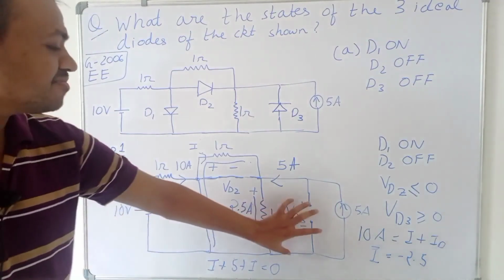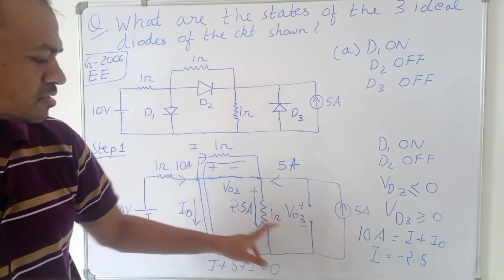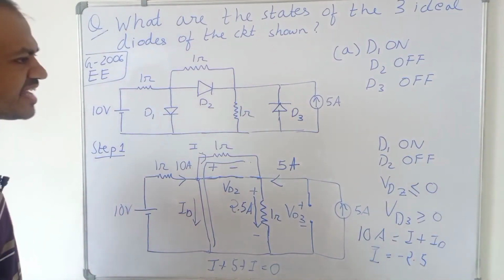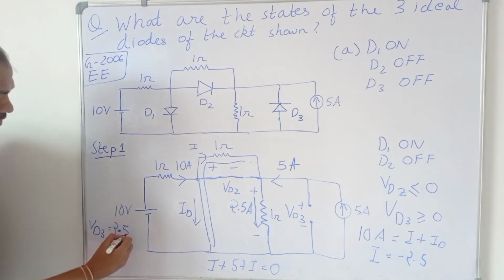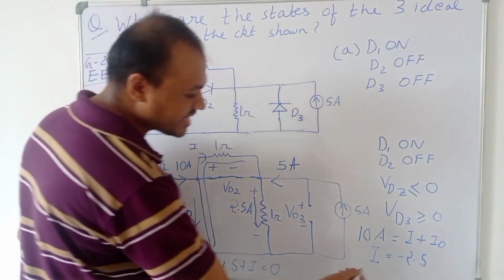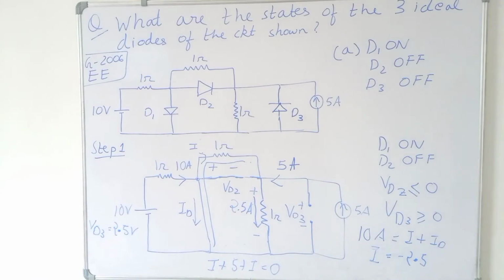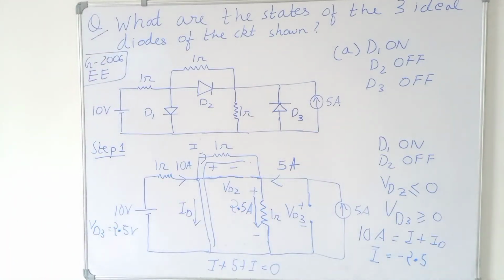So VD3 is the voltage across this resistance, across which 2.5 ampere current is flowing. So VD3 will be equal to 2.5 volt, because the current through this resistance is 2.5 ampere.